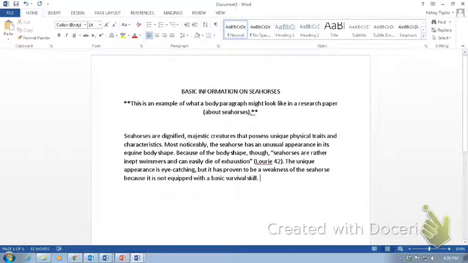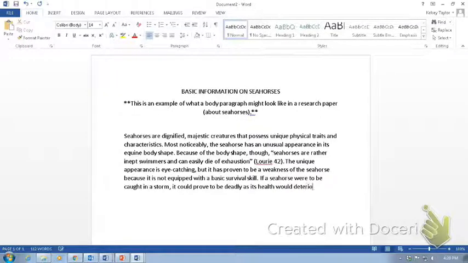So I'm going to go ahead and do that. It's not equipped. Okay, so if a seahorse were to be caught in a storm, it could prove to be deadly as its health would deteriorate quickly. So again, that's my elaboration there.